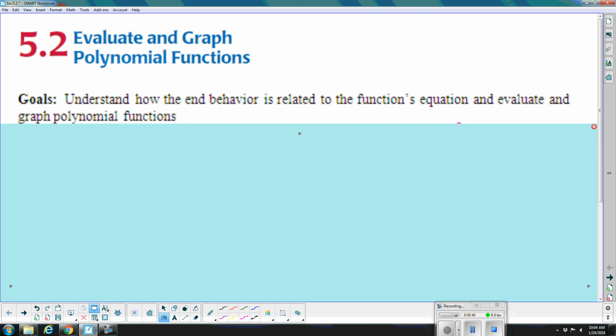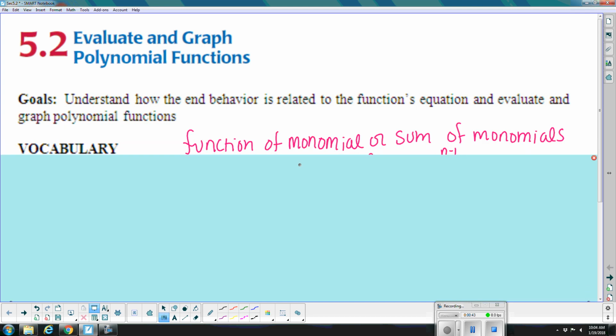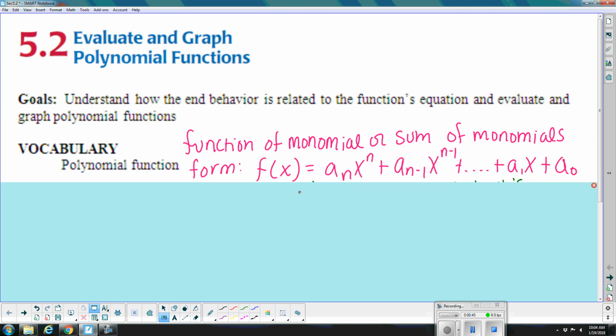So your first vocab term is polynomial function. A polynomial function is a function written in the form a sub n times x to the n power plus the next term times x to the 1 lower power, and so on, all the way until you get to just a constant term.